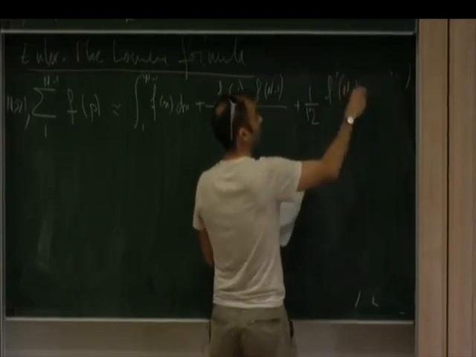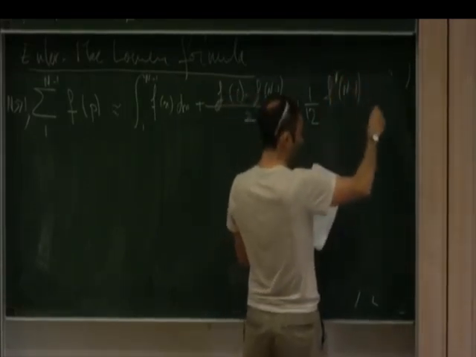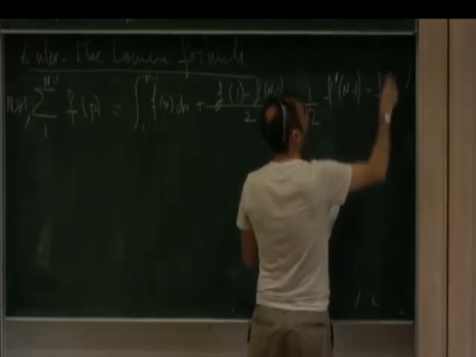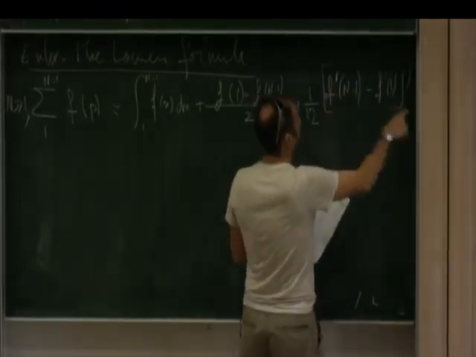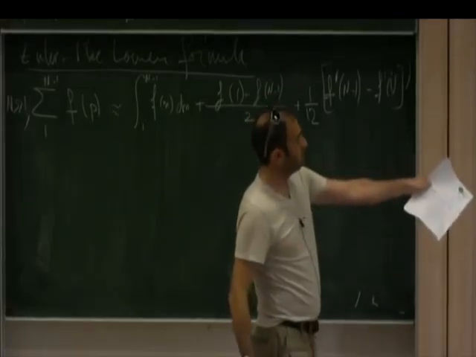This is why we need some regularity. You have different derivatives, minus f prime of 1. This is true for any function, so let's use this for that function.